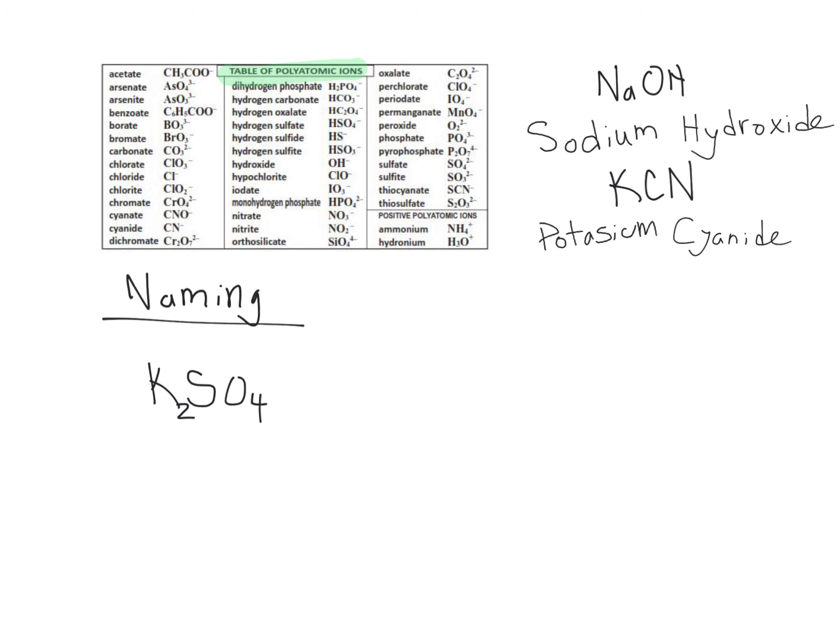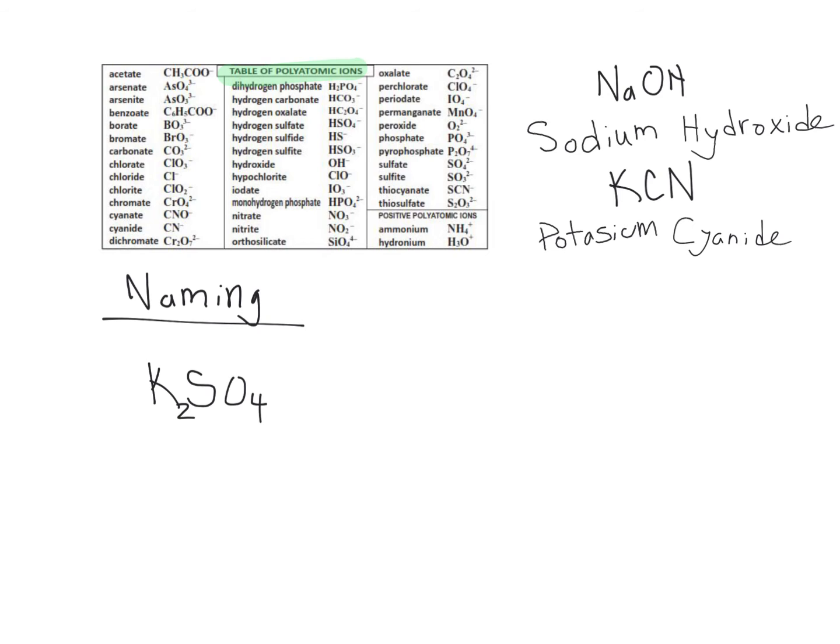Okay, I have put an example right here for you that I would like you to try out on your own. So pause the video, give it a try, and try and figure it out. Now I'm going to go ahead and solve it for you to be able to check your answer against. So once again, I notice we have 1, 2, 3 different elements involved in this formula, which tells me I need to be relying on my table of polyatomic ions.